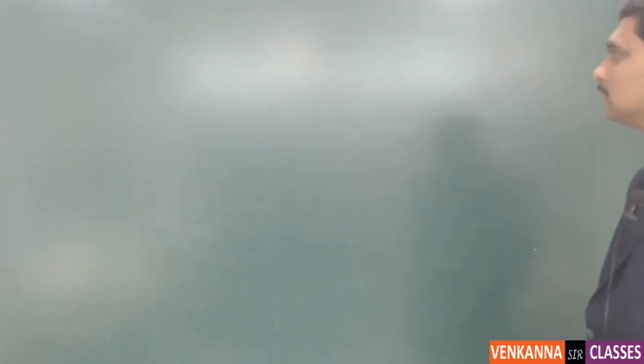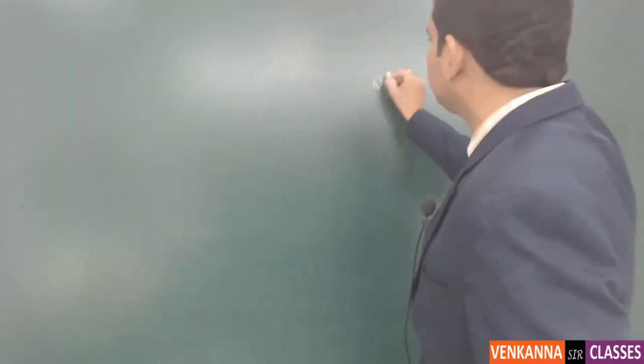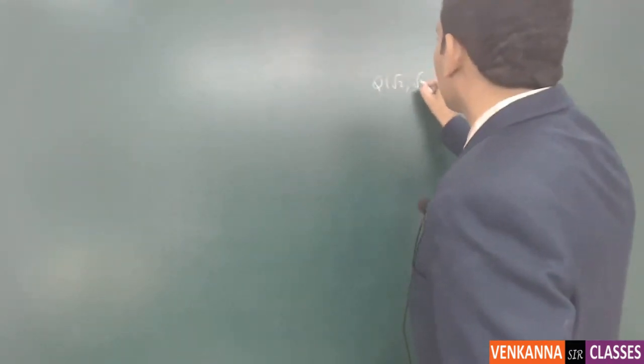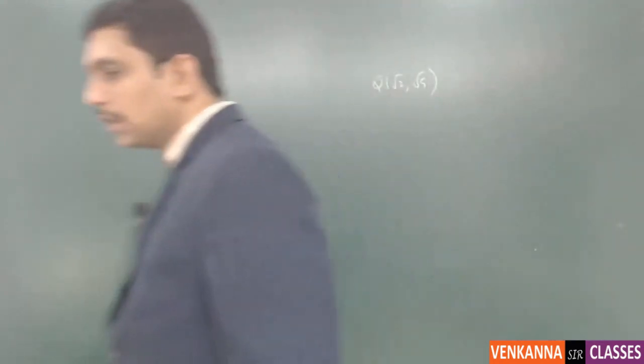Now, you consider the field Q of root 2 comma root 5.